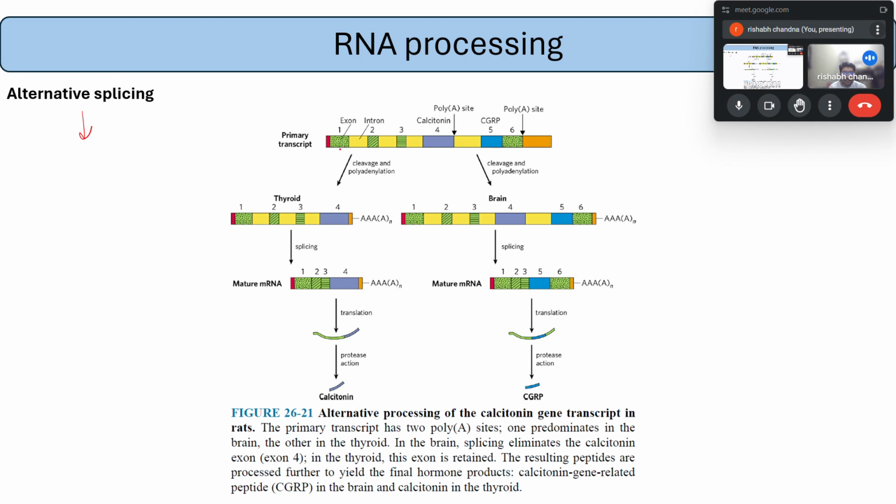We have the yellow ones as the introns, and the green ones are the exons. And this fourth exon is the major calcitonin catalytic site, and we have here two poly A sites.